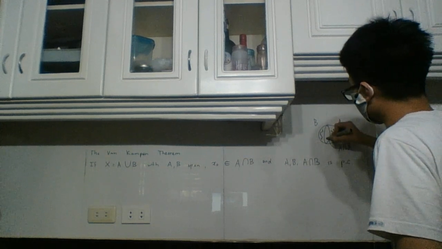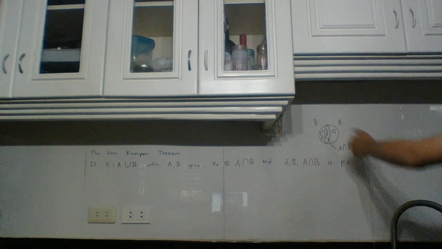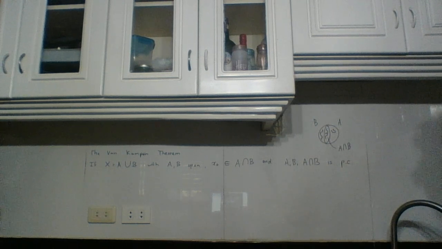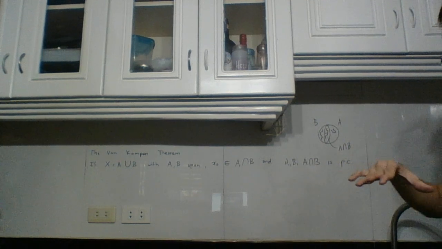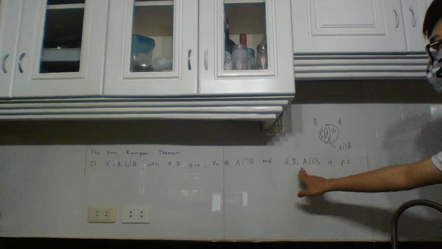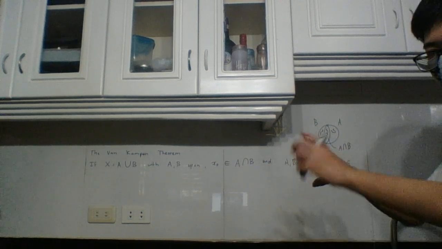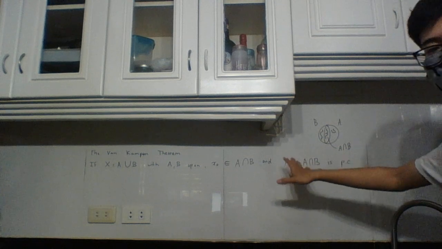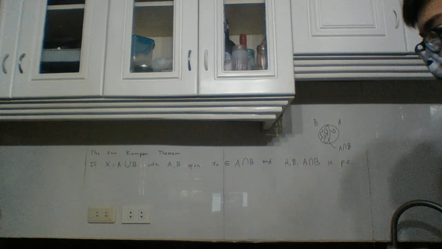And same thing for A intersect B, draw a squiggly line inside it, and it's still inside the set. And I must state again, the reason why this doesn't fail under what we previously mentioned is because we are mentioning these as single sets themselves, their own separate sets. We don't say that this is one set. So that's the reason why all of these are path connected. So we go with that.